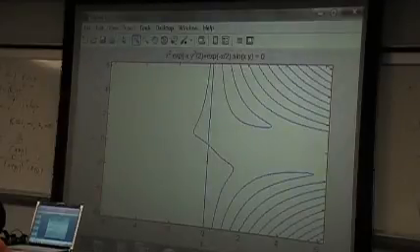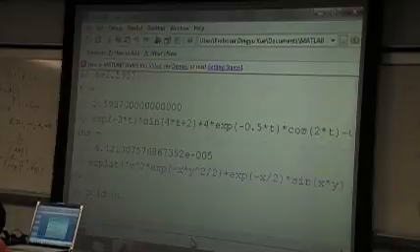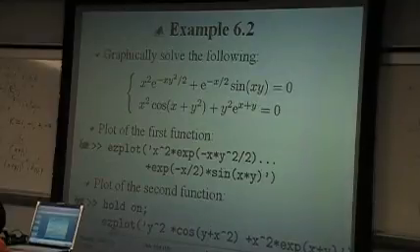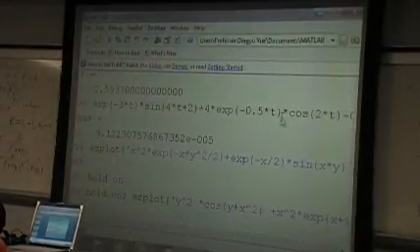And then we use the command hold on to preserve the original plot. And then we use ezplot for the second equation, and I can draw another set of curves.